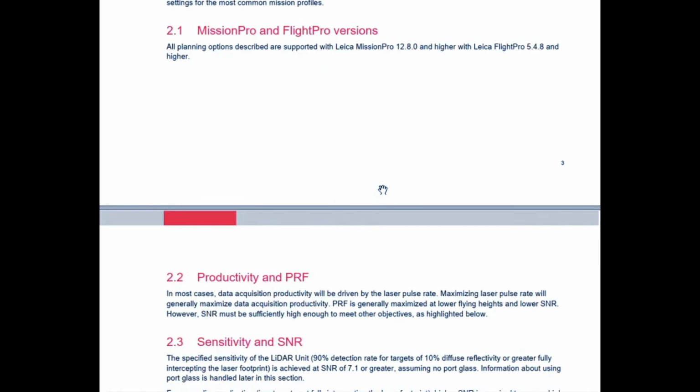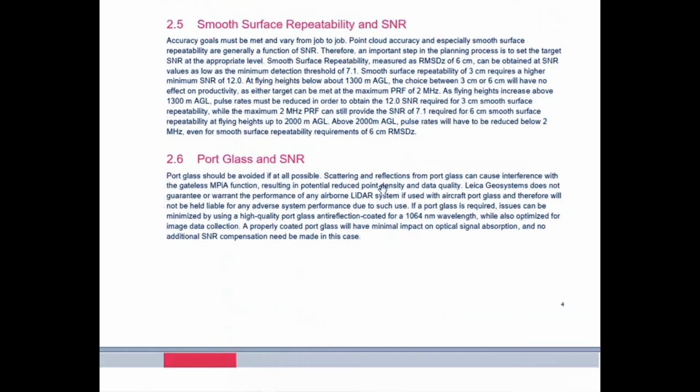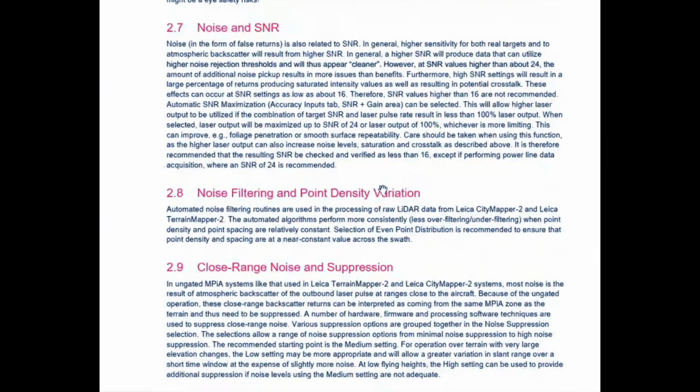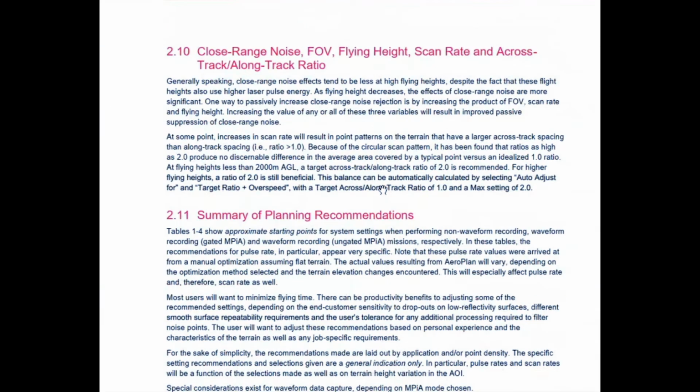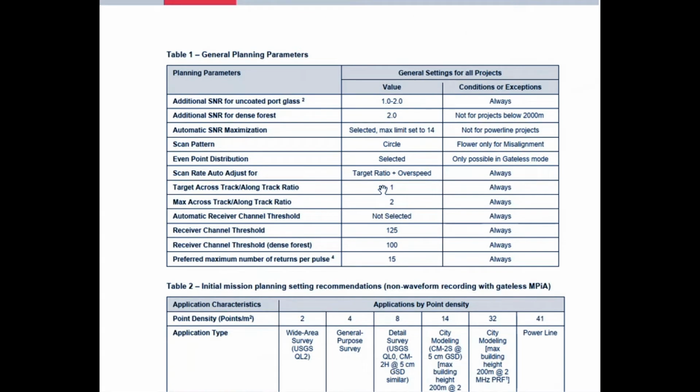Mission plan settings, productivity: this is an explanation of the index, and what is important for us is this table of general settings, the values, additional SNR for uncoated glass. You see there is a number there, which values in which condition or exception can be used.